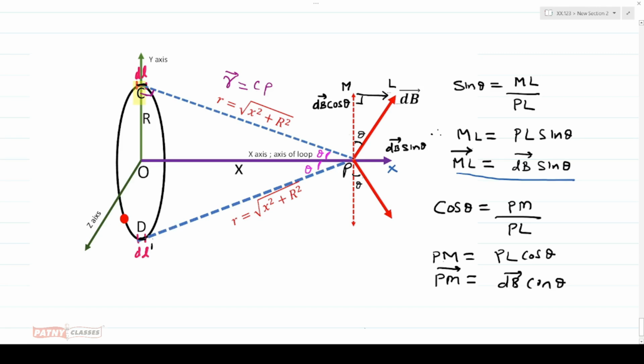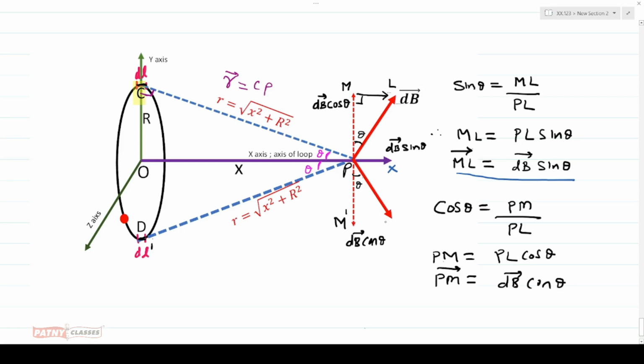One is directed along PM, and the other is directed along PM dash, that is dB cos theta. They are equal in value but opposite in direction.